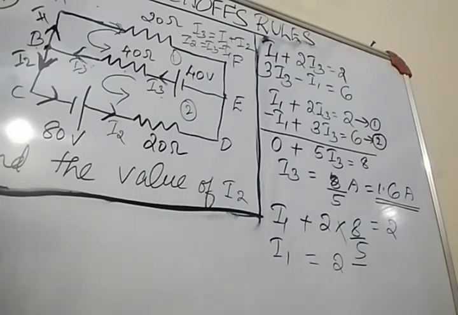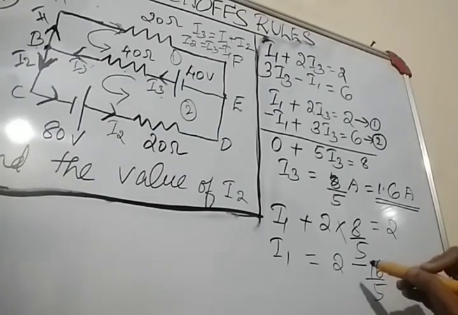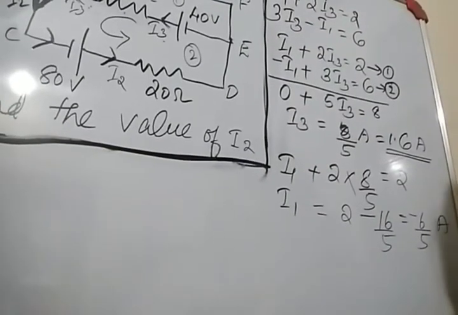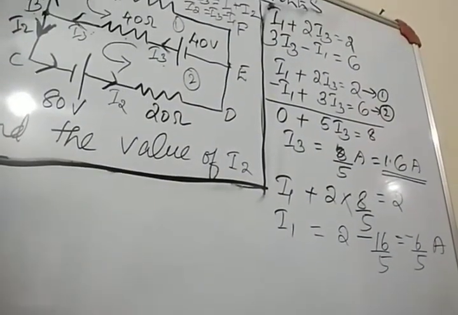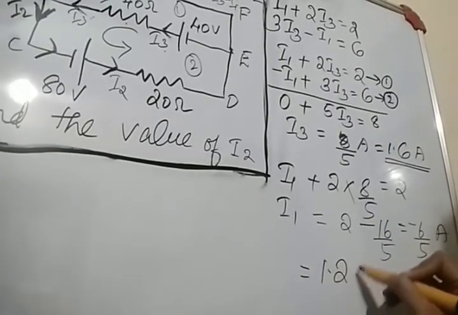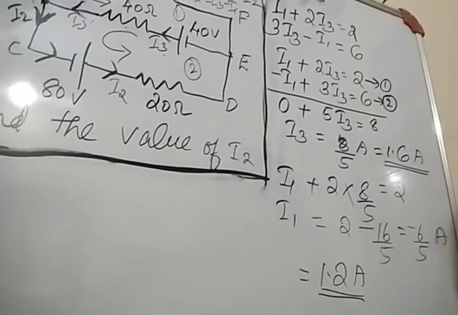It is 16 by 5. 2 minus 16 by 5, that is 10 minus 16 by 5, that is minus 6 by 5 ampere. Okay, and what is this minus 6 by 5? Minus 6 by 5 is minus 1.2 ampere.